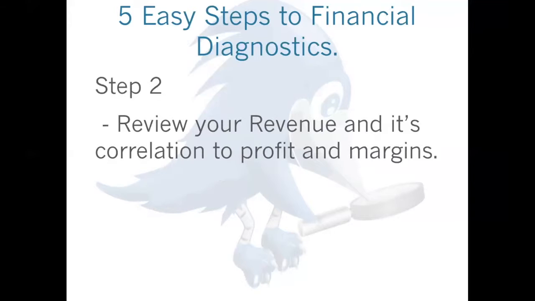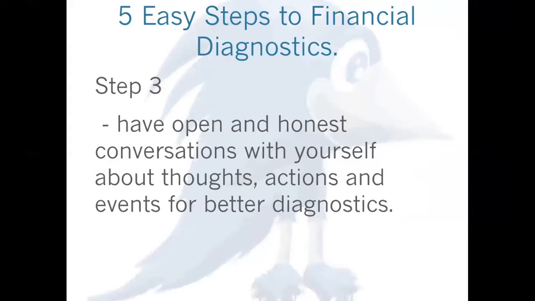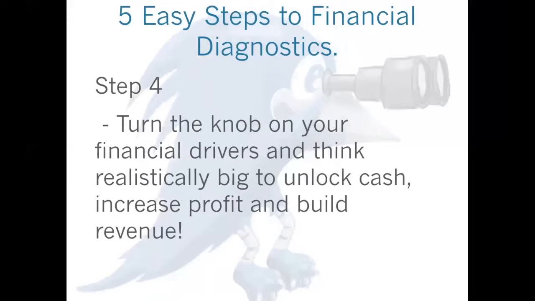And you want to fuse that with having open and honest conversations with yourself about thoughts and actions you are undertaking and what's happening around you. What are the events that can cause the state of your financial drivers? Together, that will give you better diagnostics.